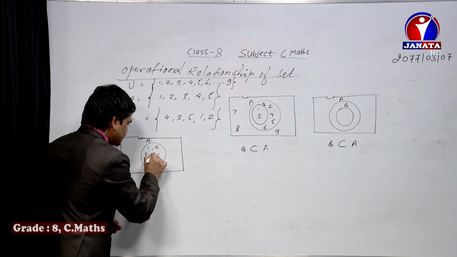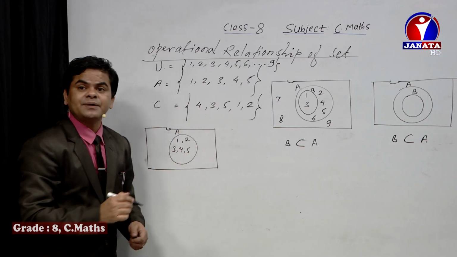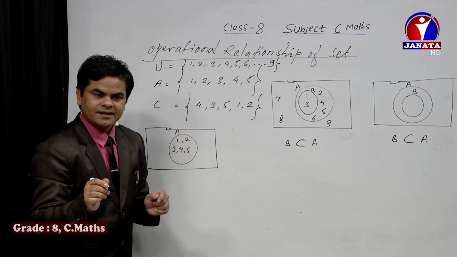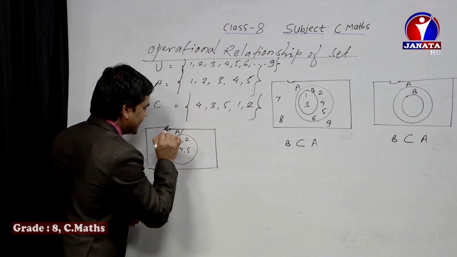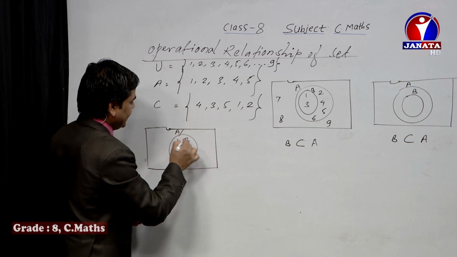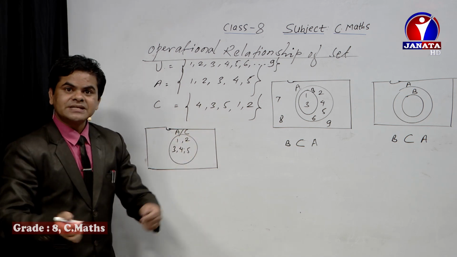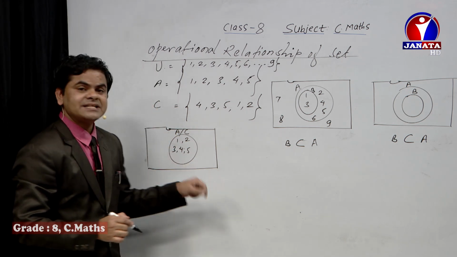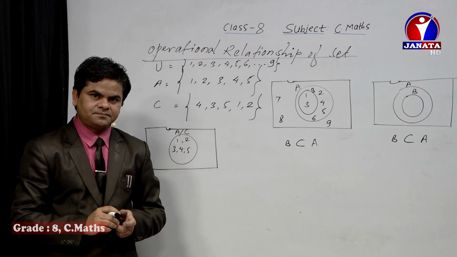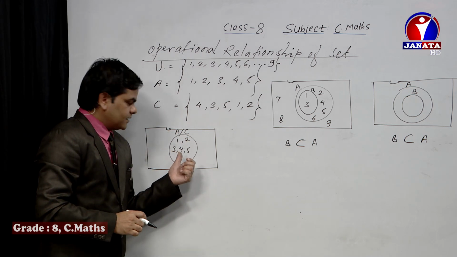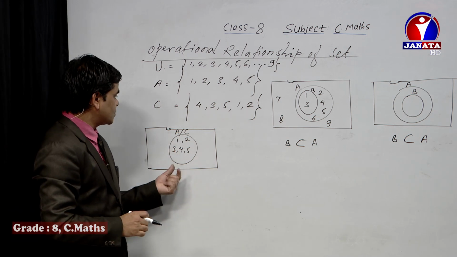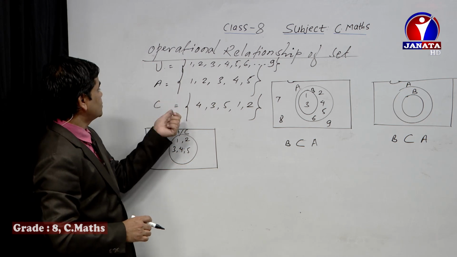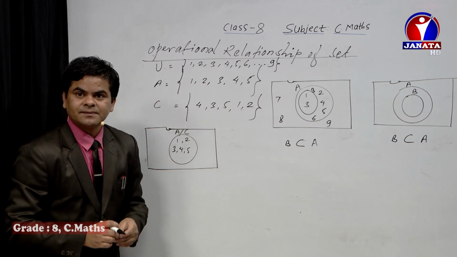That means the center will be fixed here, and having the same radius, if we prepare another circle, then it will be the same circle A. So we can write C alternatively to circle A, because set C also has the same elements as A. I think, dear students, we have understood the difference between the improper subset and the proper subset, if you have to find out the relations.